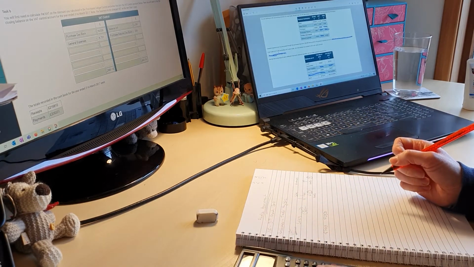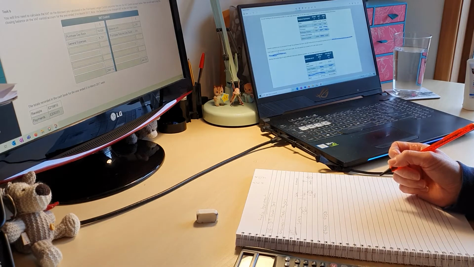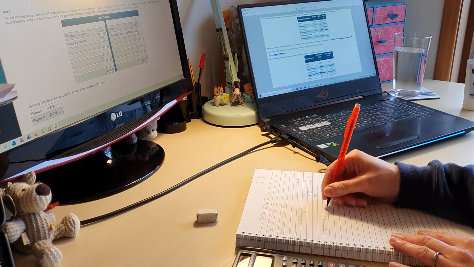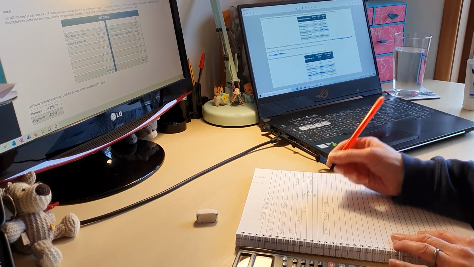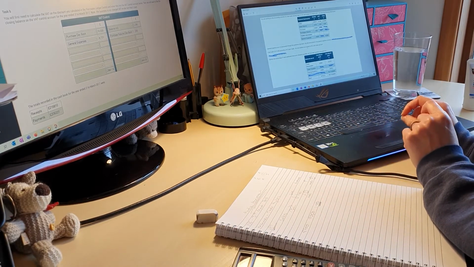Right, 7250 times 1.2 minus 7250 is equal to 1450. The total bank was posted to the cash sales account.